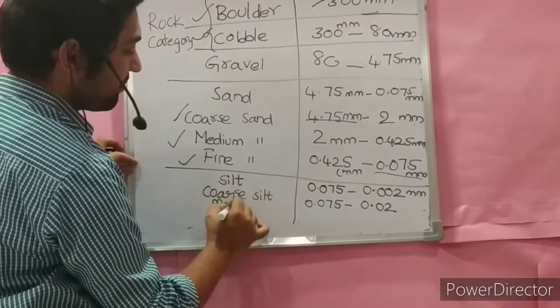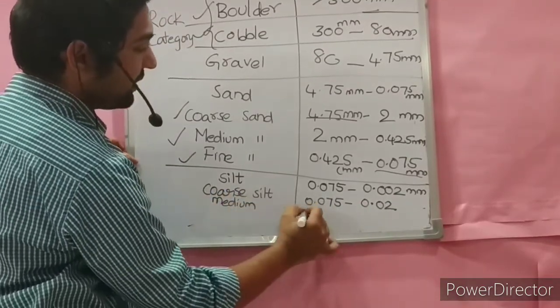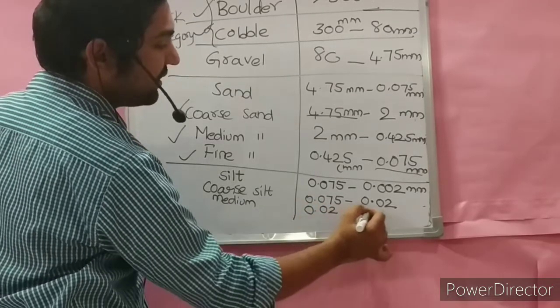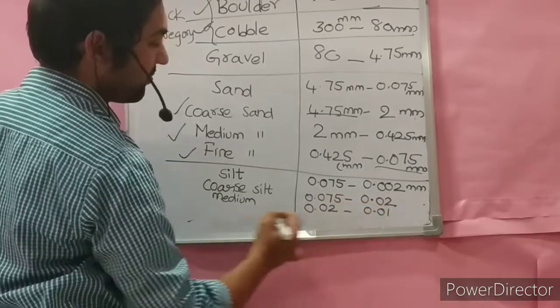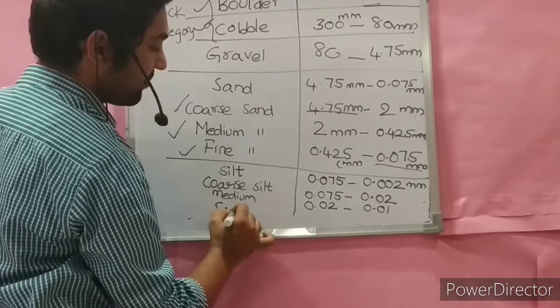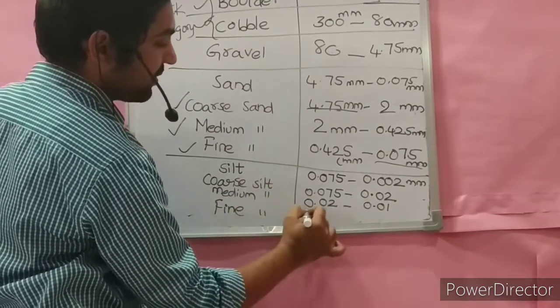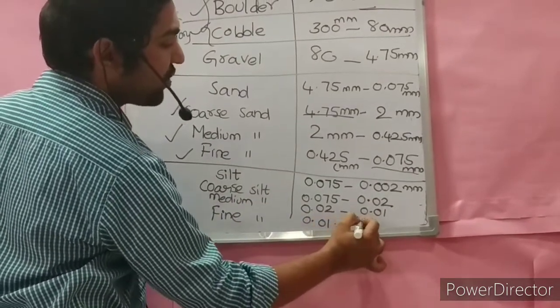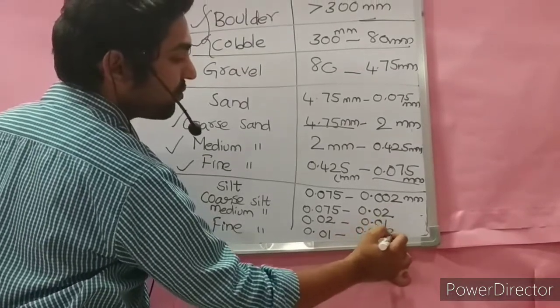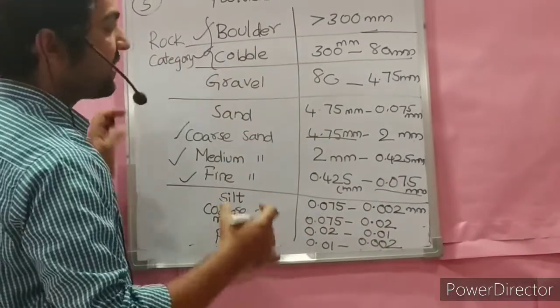Medium silt is 0.02 to 0.01. Fine silt is 0.01 to 0.002. These are the sizes of the particles.